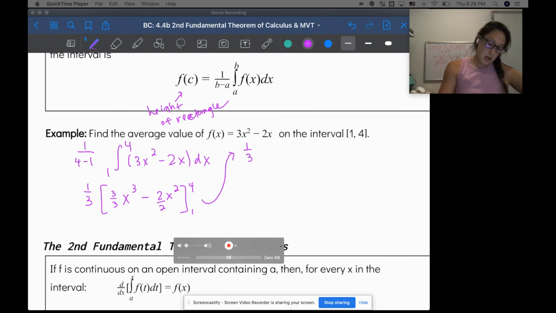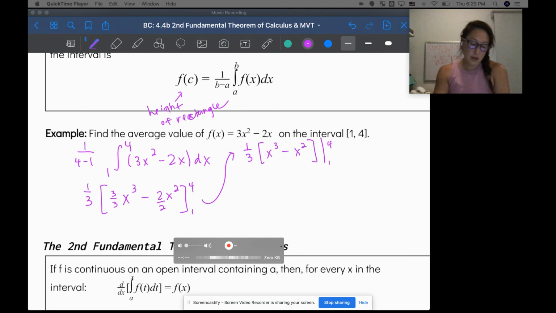So you get 1/3 times x cubed minus x squared evaluated from 1 to 4. Okay, so I have 1/3 times 4 cubed minus 4 squared, and then minus the second, using our second bound, 1 cubed minus 1 squared.